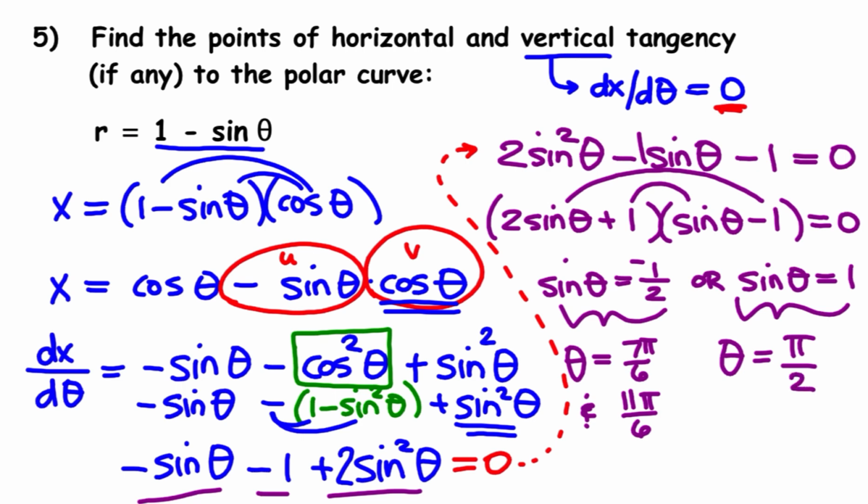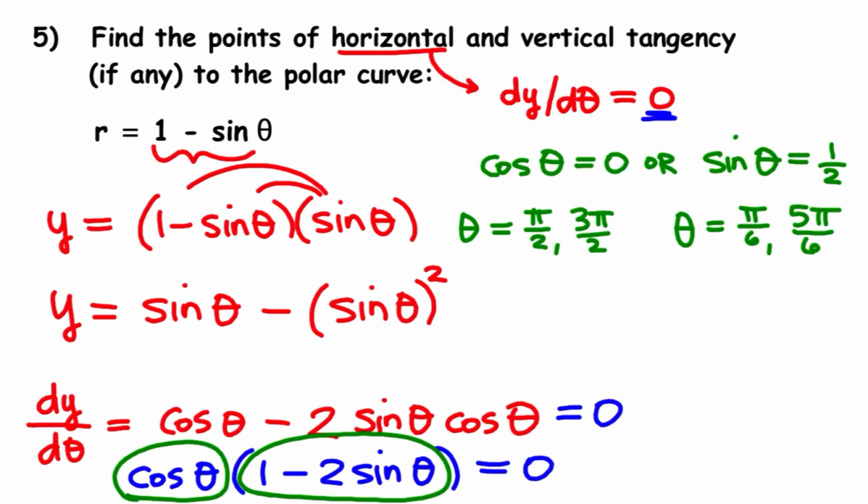Okay, so you've got to have points of horizontal and vertical tangency. And we have all these different theta values. But remember, we got to go back to the other slide to make sure that none of them repeated. We've got pi over 2, 7 pi over 6, and 11 pi over 6. And the pi over 2 repeats. Okay, so pi over 2 is banished.